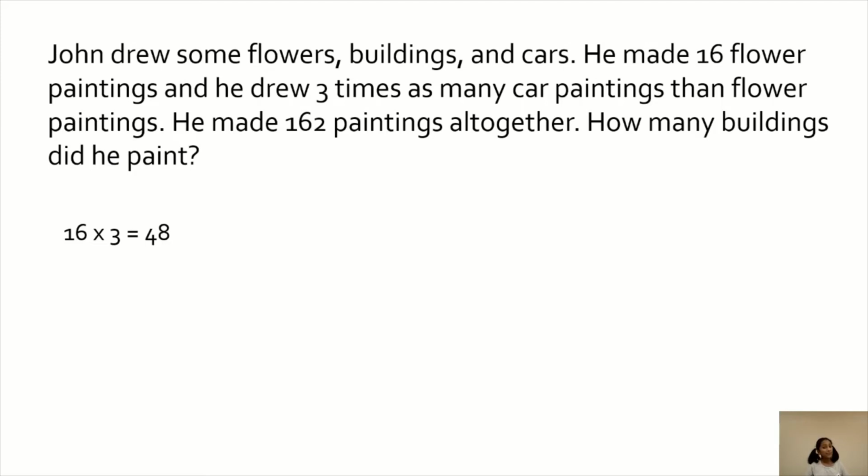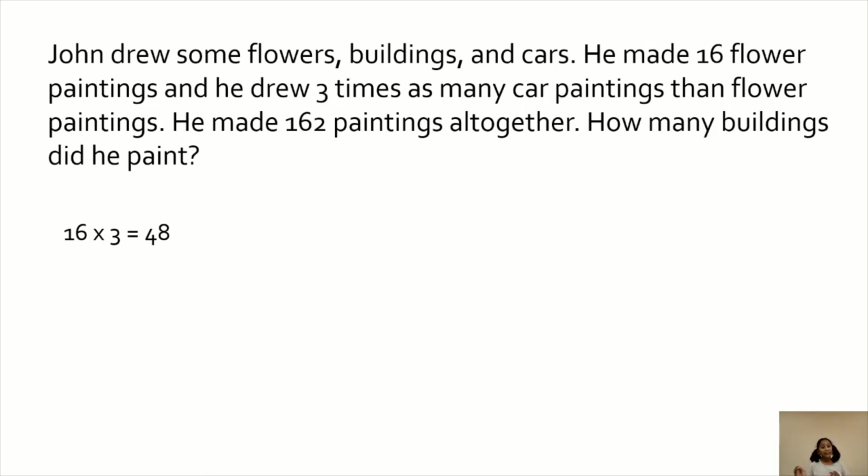So 48 plus 16. Why do we need to find the sum of these two? Because if you add the number of flower paintings to the number of car paintings, then you figure out the total number of both. And when you figure out the total number of both, the rest of the 162 paintings will be the number of buildings that John drew.